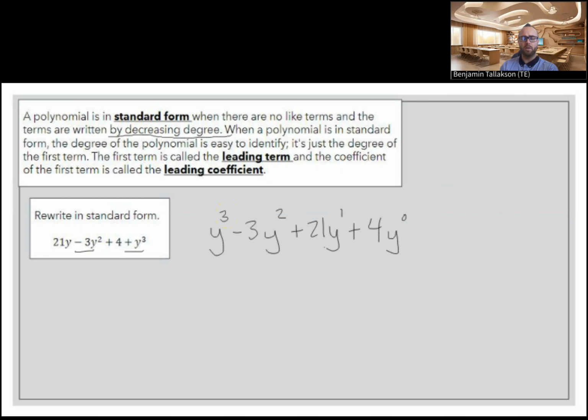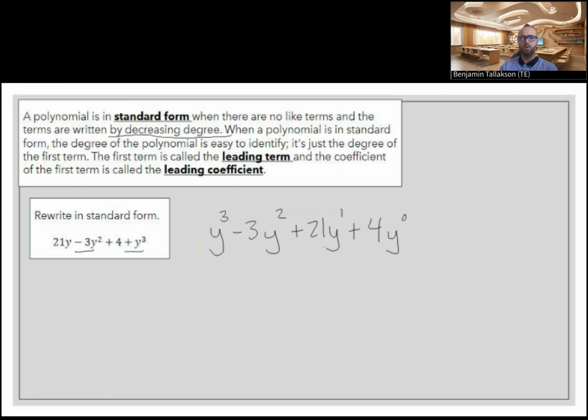And some vocab you're going to hear me use a lot throughout this unit and this school year is leading term and leading coefficient. Do you know what the leading term and coefficient are right now? Hopefully you see that the leading term is this y cubed.